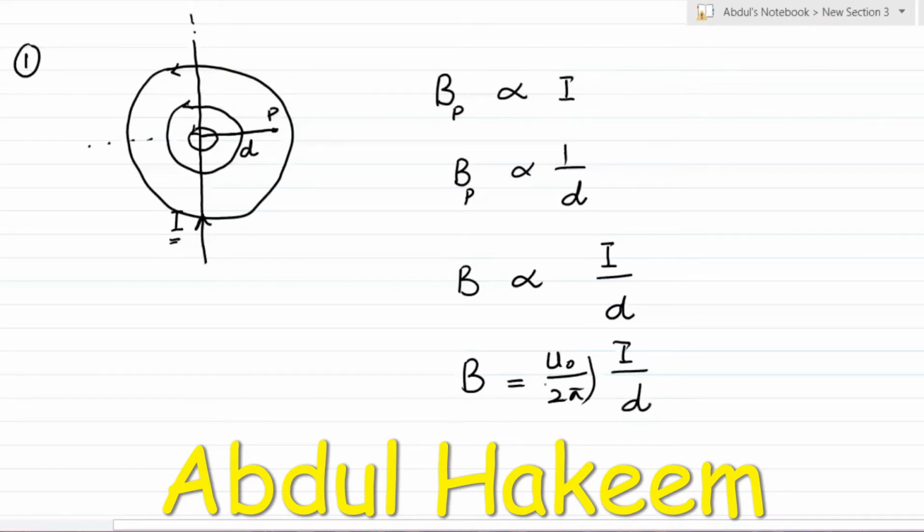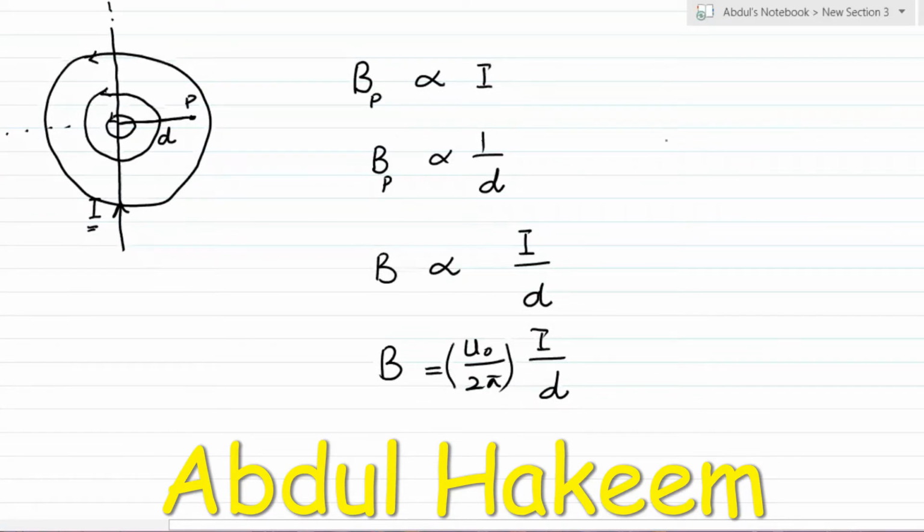So this is the constant here, and this mu naught is called permeability of the free space, and free space means the vacuum.